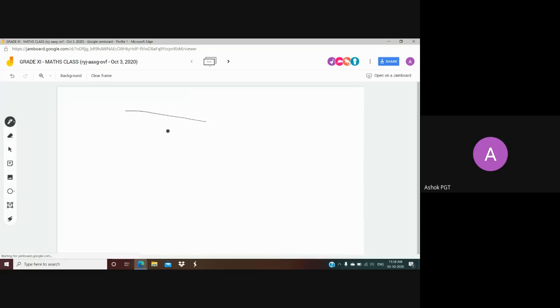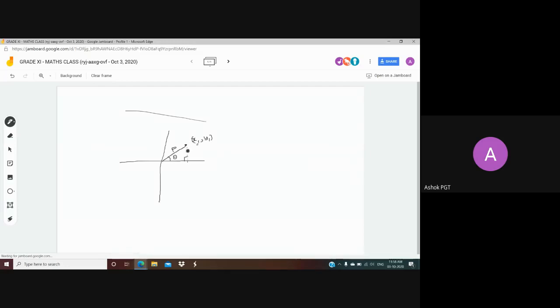Let us take this as the x-axis and y-axis. I am taking a point whose coordinates are, let us say, x1, y1. Assume that the distance from the origin to this point is denoted as p, and the angle made with the positive direction of the x-axis is theta. This x1 can be calculated using a trigonometric concept.